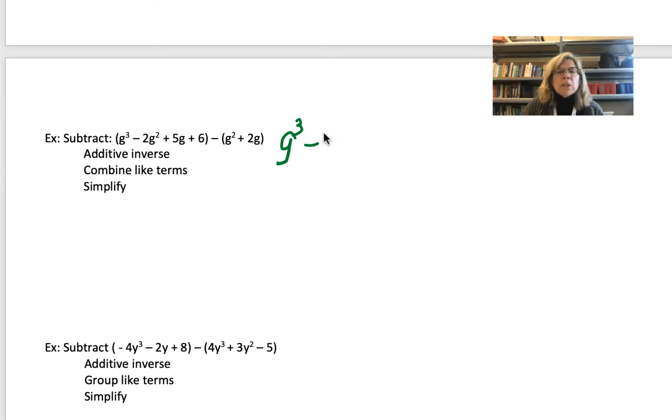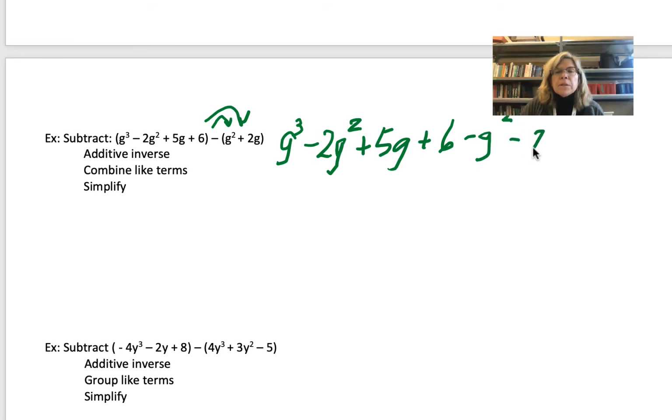So that's g cubed minus 2g squared plus 5g plus 6. And then if you distribute the minus sign, you have minus g squared minus 2g.